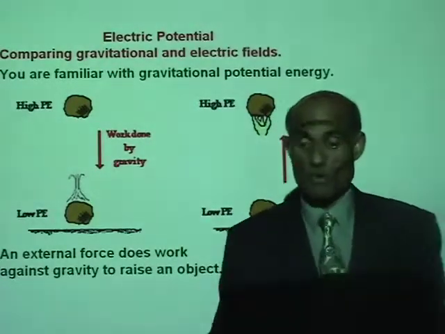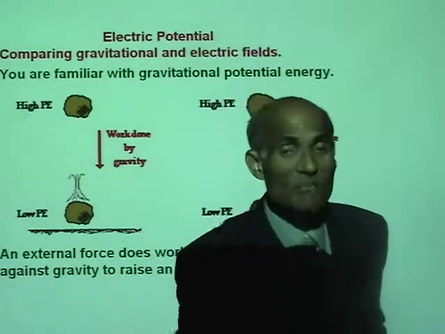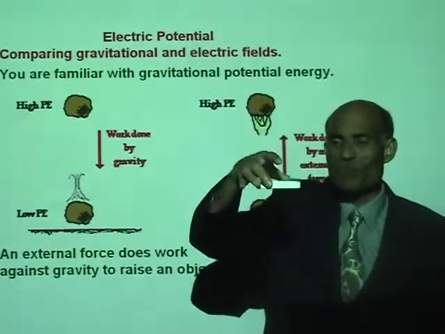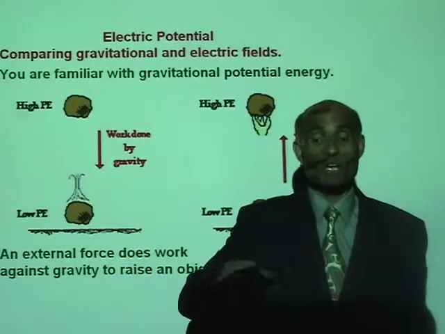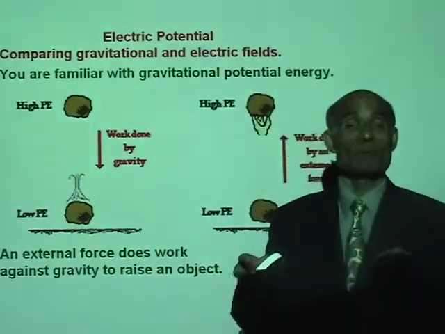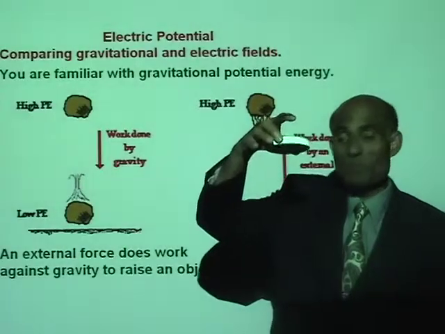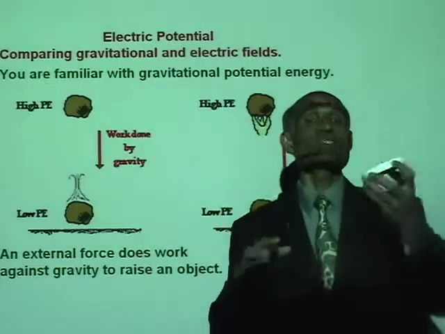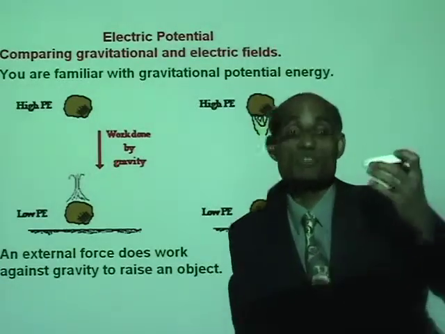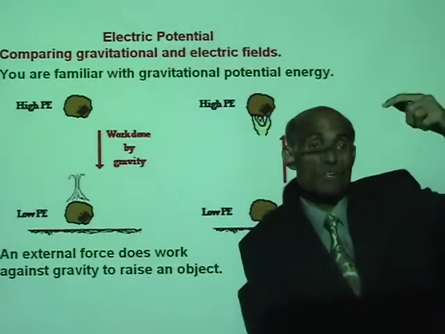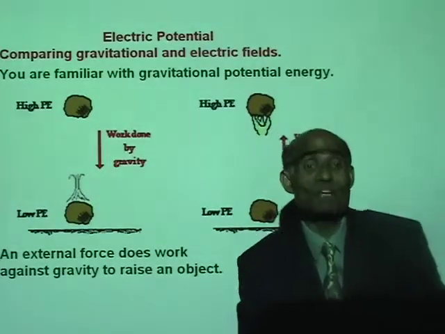Now, work done by gravity always wants to pull objects towards the surface of the earth. Now, where is the potential energy a minimum? The potential energy is a minimum at the surface of the earth. That means the tendency of a gravitational field is to make objects move towards a low potential.